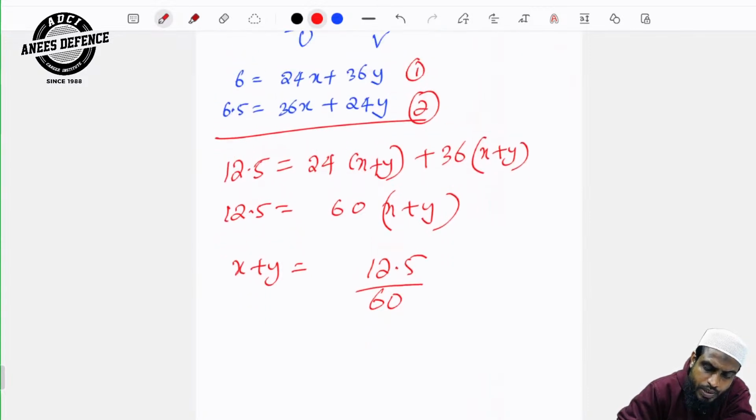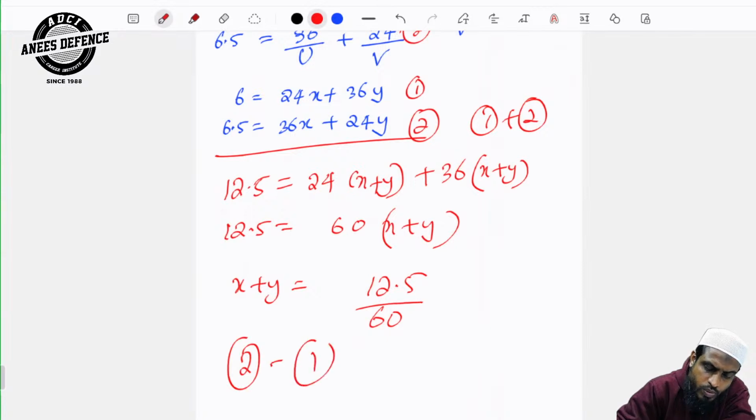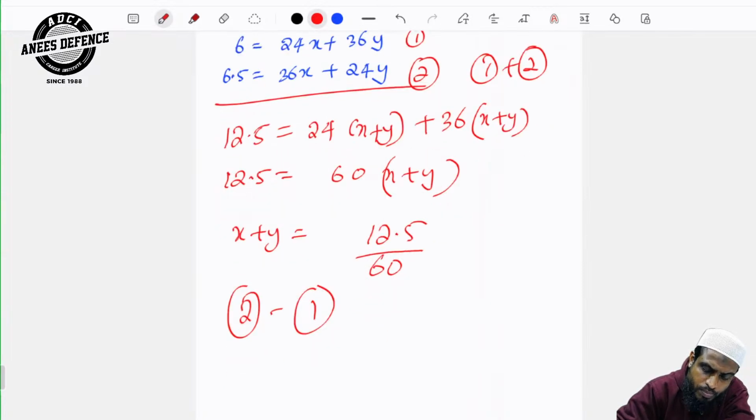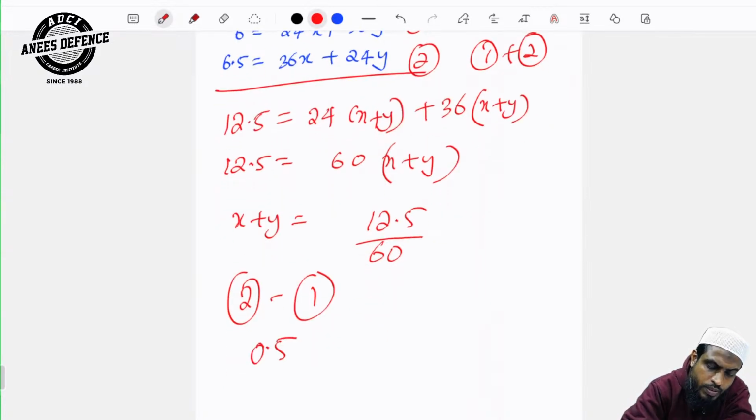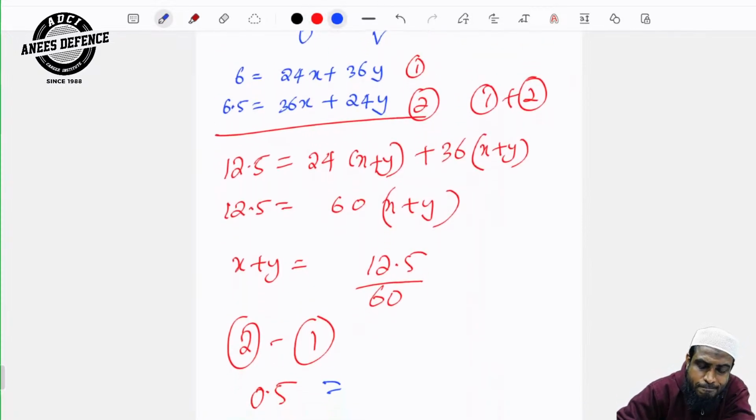Then if you do the subtraction, second minus first, you will get 6.5 minus 6, that is 0.5, equal to 36 minus 24.